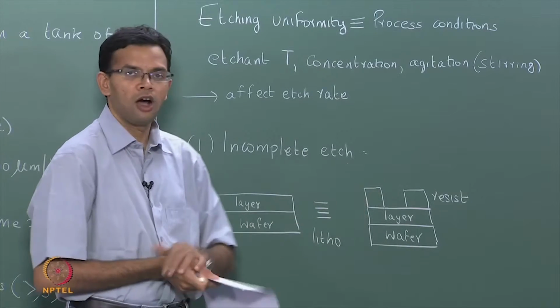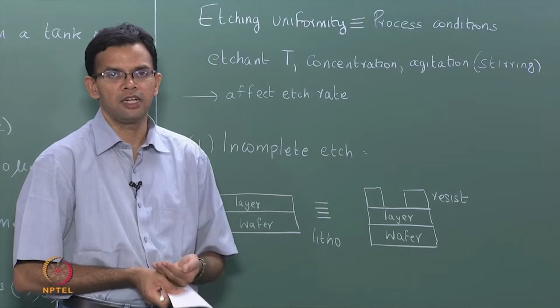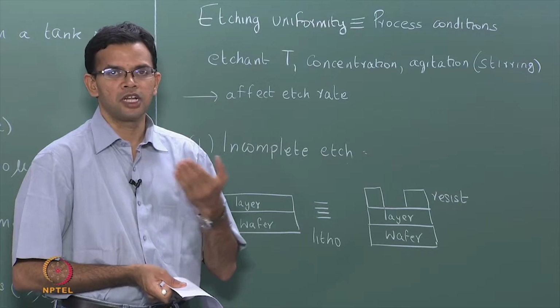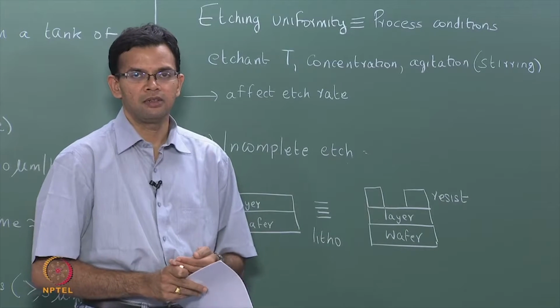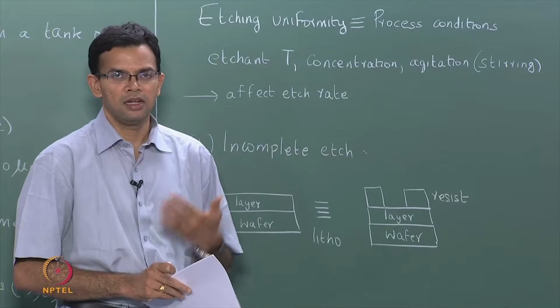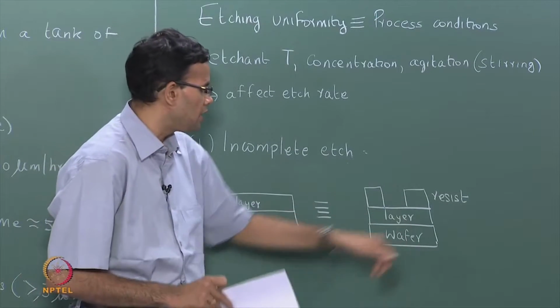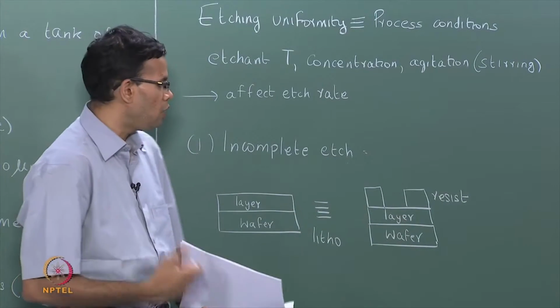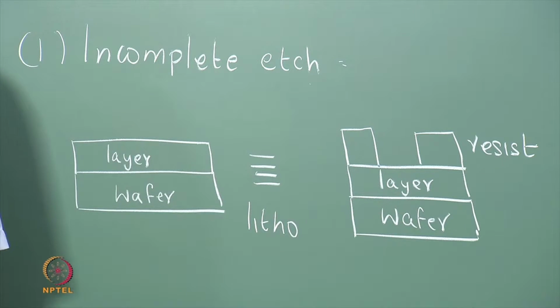We saw how we do this in the last class. So we take either a positive or a negative photoresist, we use the corresponding mask, we spin on the photoresist layer, expose through the mask, develop, and then remove the resist so that we get the window. We can now etch through this layer in order to expose the wafer.